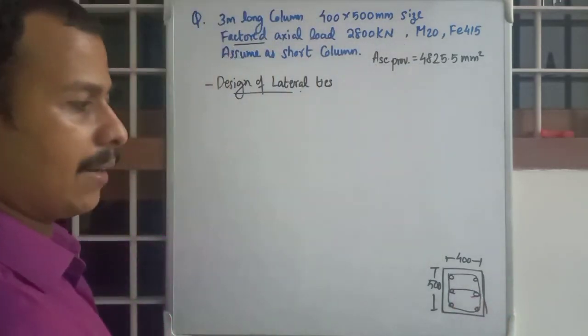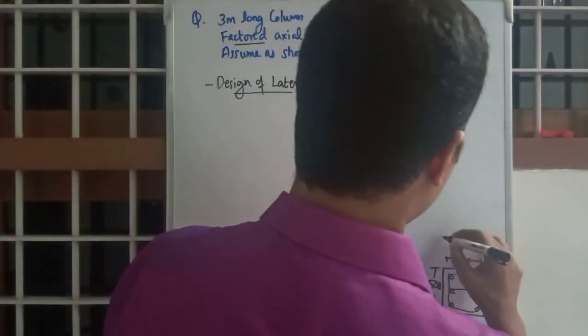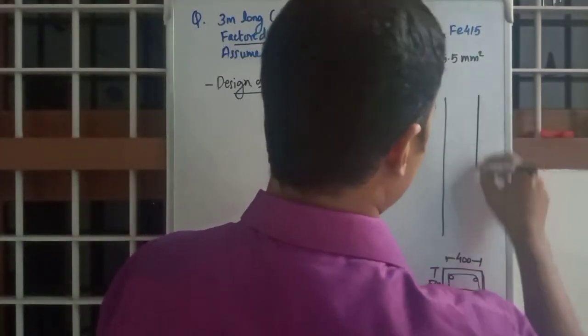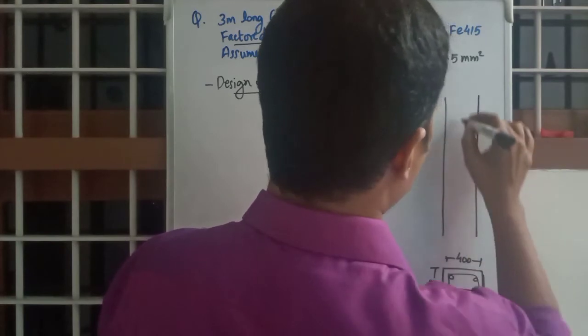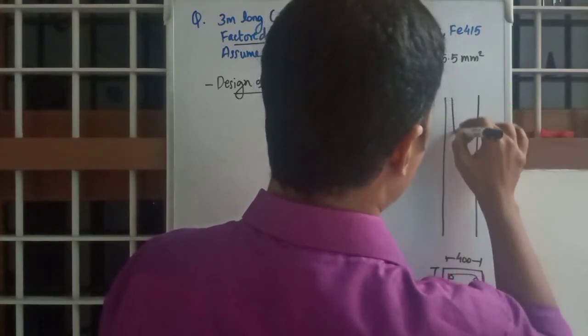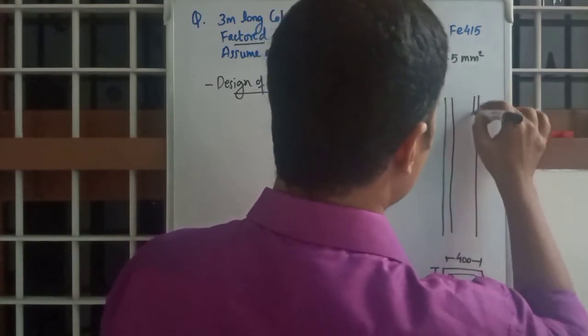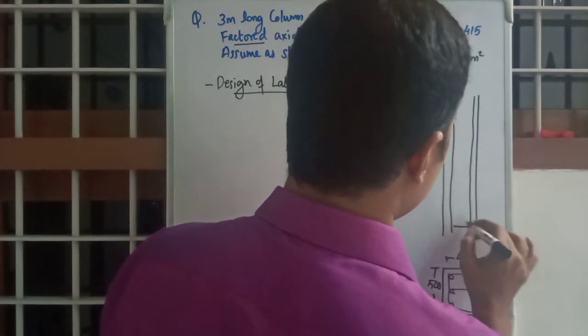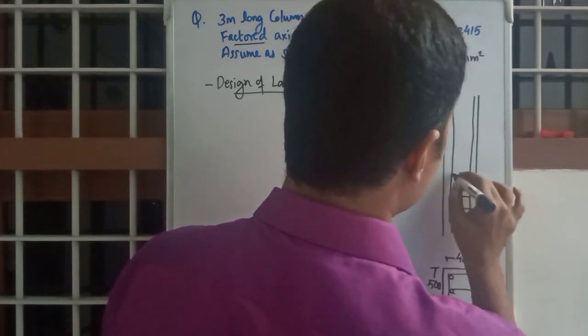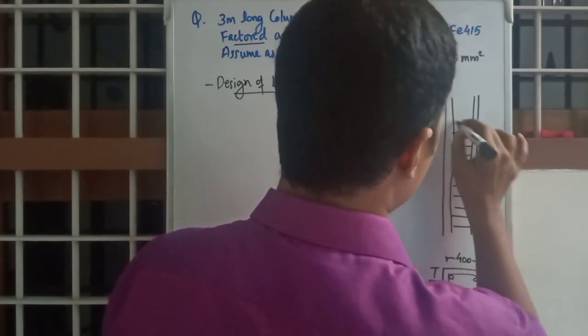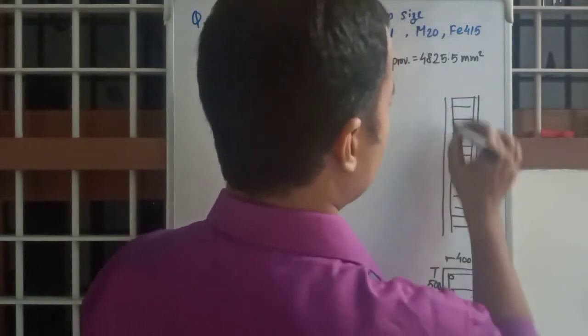These are lateral ties. If this is the column, this is the main reinforcement, and these will be the lateral ties.